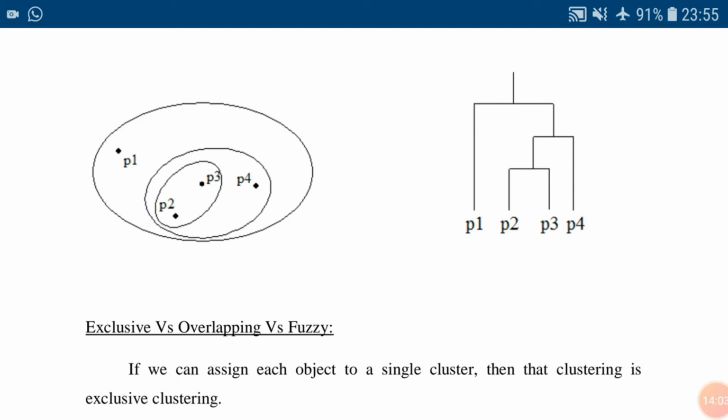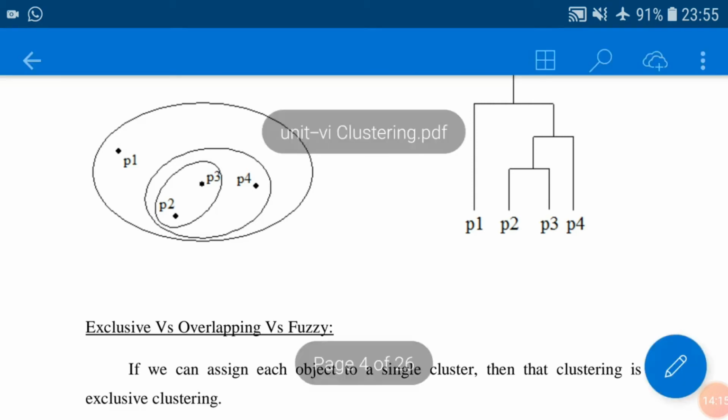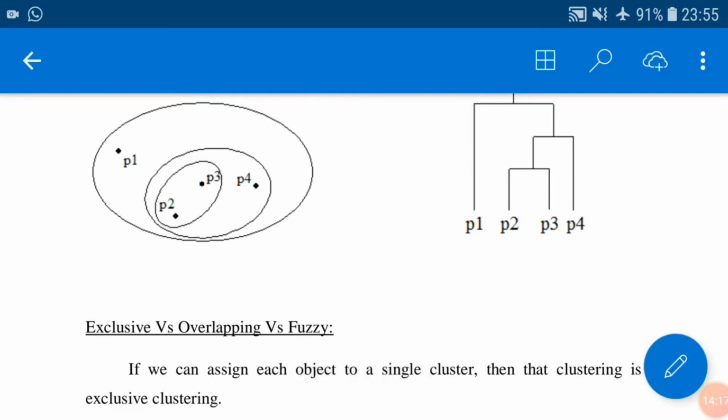Cluster 3 again has cluster 2 and cluster 1, so cluster 3 consists of P1, P2, P3, P4, all the data points. Cluster 3 consists of cluster 2, and cluster 2 consists of cluster 1.